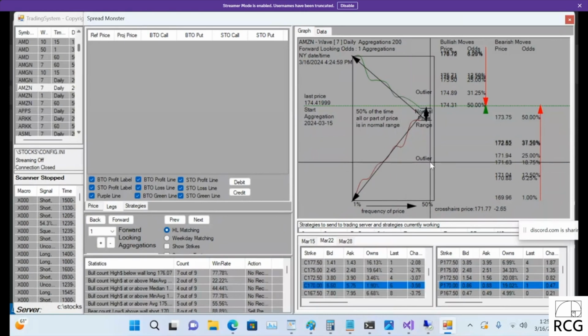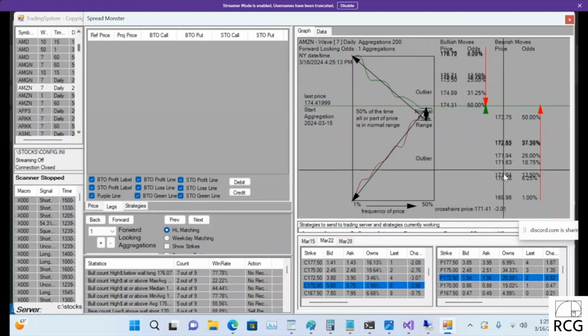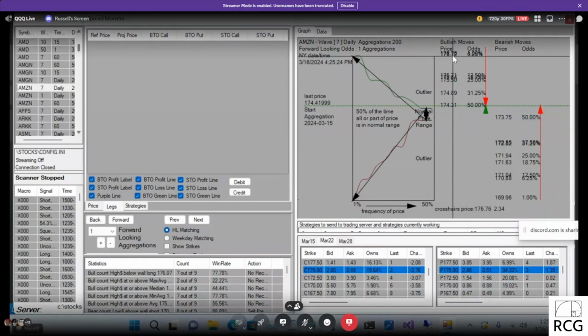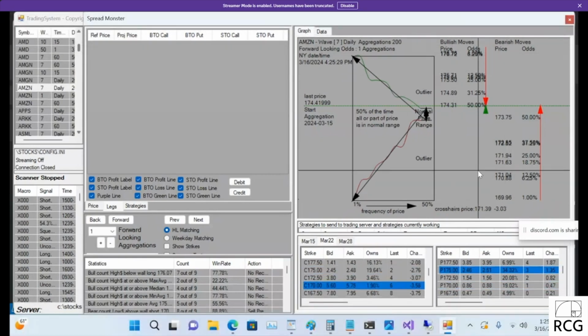Is like 31% or 37% a good benchmark for where the action is? It is, yeah. So it's showing us over here on these numbers where it's been playing, forward looking. So it's been playing from 169.96 forward looking to 170.72 in this area.